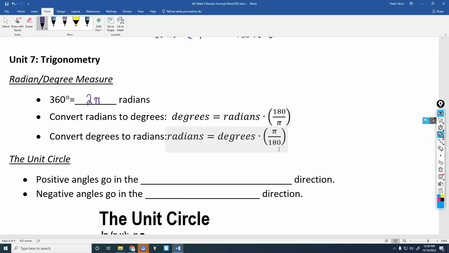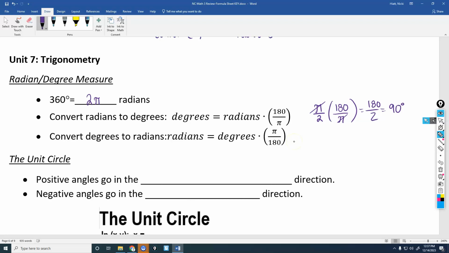You don't have a formula sheet on this, so I always remember it this way: radians might be something like pi over 2, and when you change this to degrees, you want the pi on the bottom so that the pi's cancel. That means 180 has to be on top. Pi's cancel, 180 over 2 equals 90 degrees.